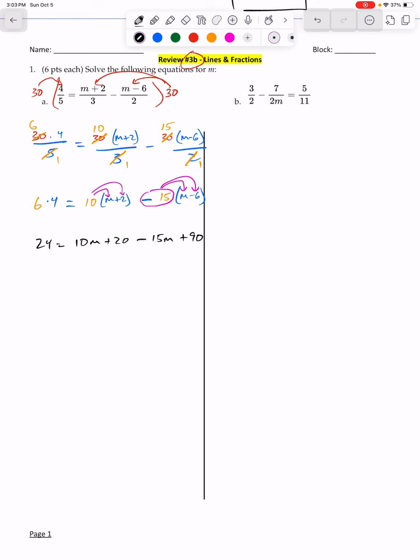And so I think what I will do is minus 20 minus 90. So minus 20 minus 90. And I'll have 24 minus 20 minus 90 equals negative 5m, because that's those together.